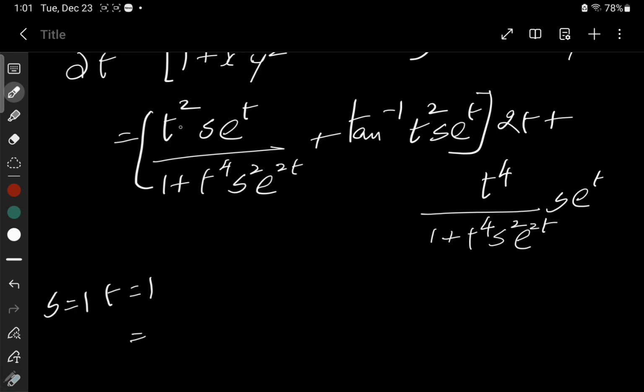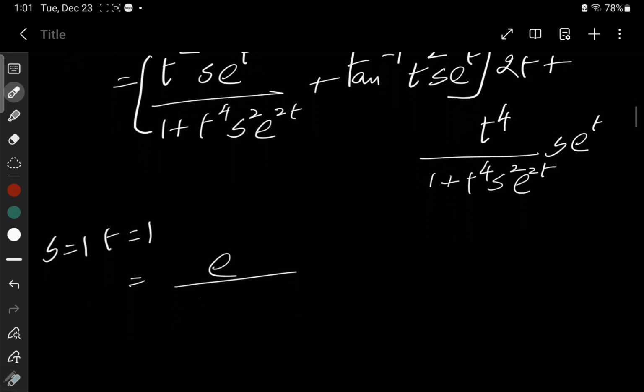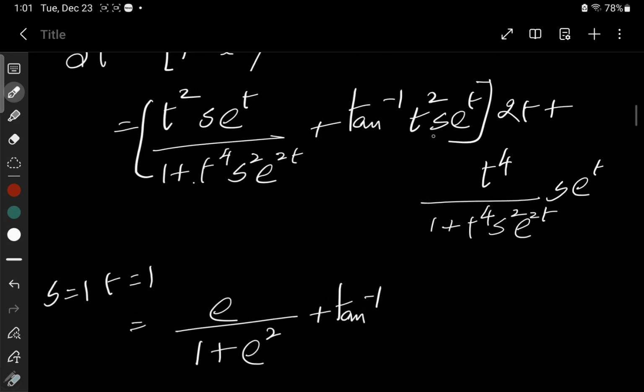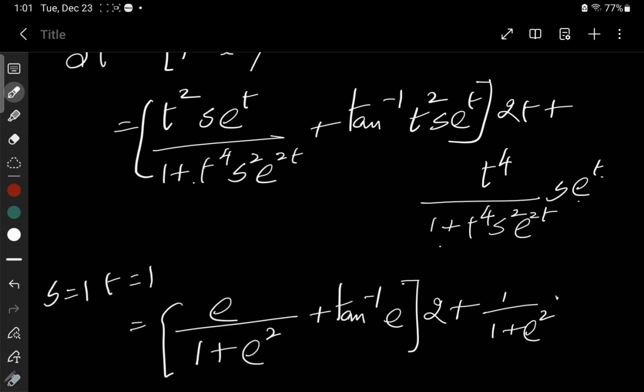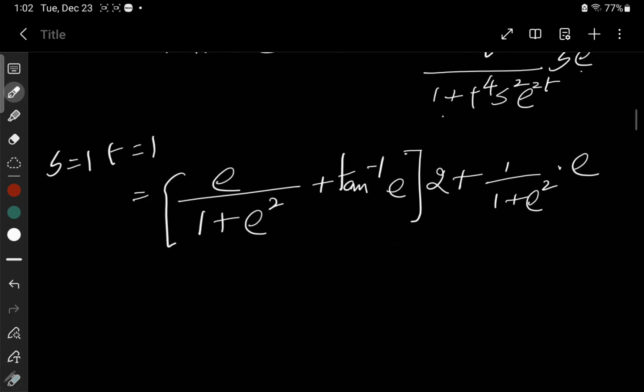Substitute t as 1, s as 1. So you will get e alone here divided by 1 plus 1 e squared, plus tan inverse e, into 2t, that is just 2, plus this is 1 divided by 1 plus 1 e squared, 1 plus e squared, into this is e, just e.